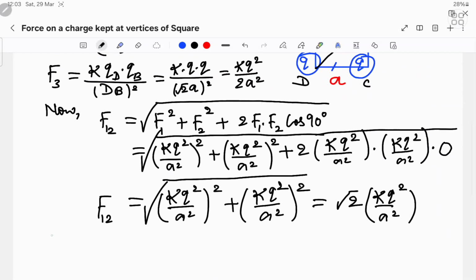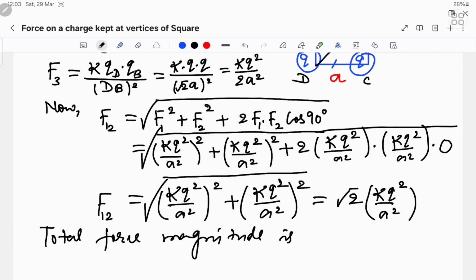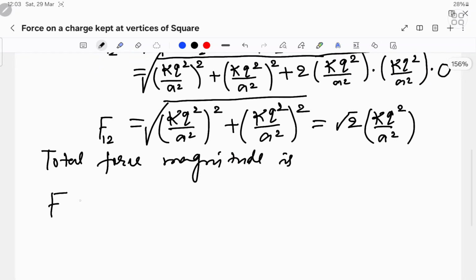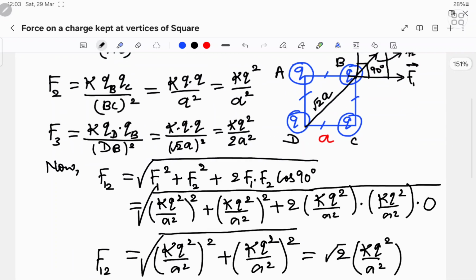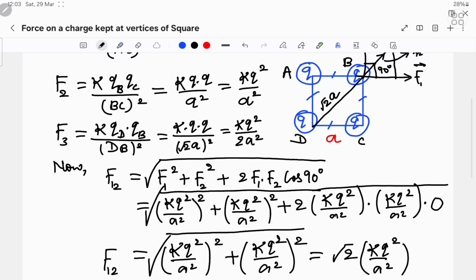So we will write the total force magnitude: F net is equal to F3 plus F12. So what is F3? F3 is K Q square upon a square divided by 2 on the denominator side.